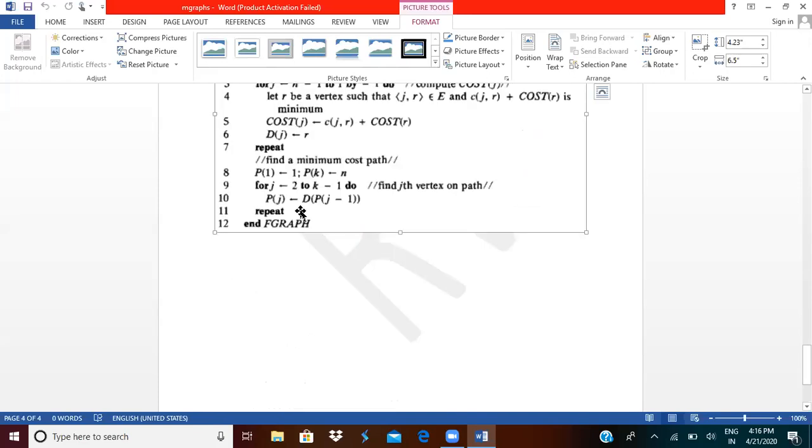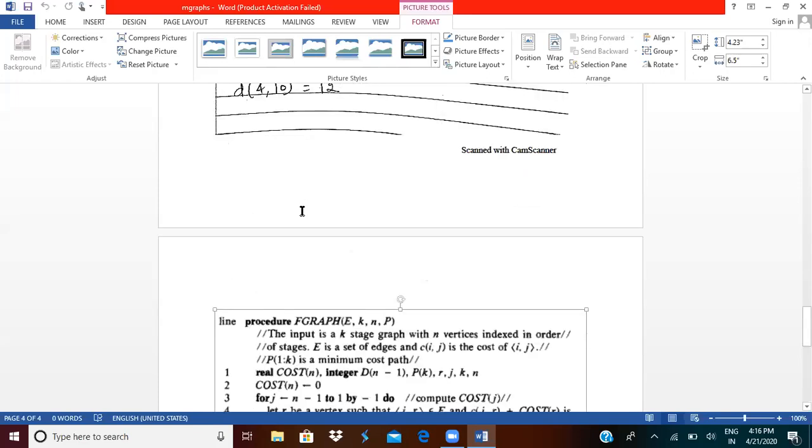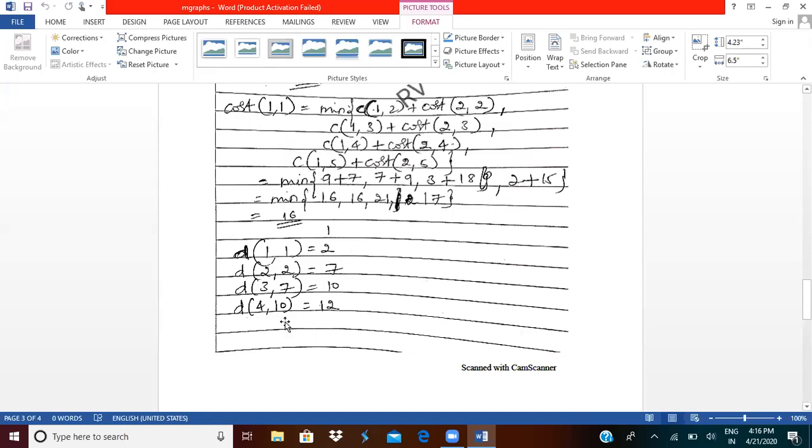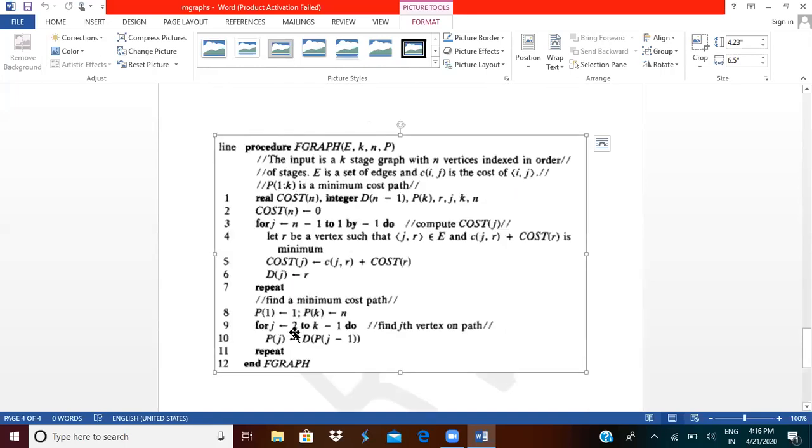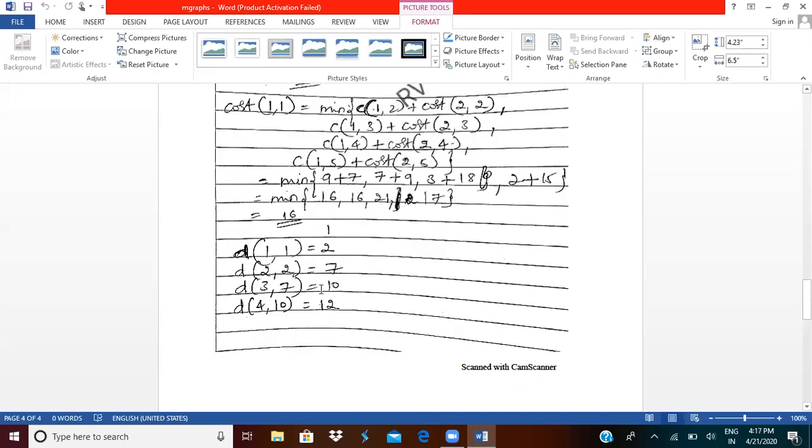J becomes 4. 4 less than or equal to 4. Here remember we have to take J less than or equal to K minus 1. Condition is true. When the condition is true, P of 4 is equal to D of P of 3. 4 minus 1 is 3. P of 3 value is 10.